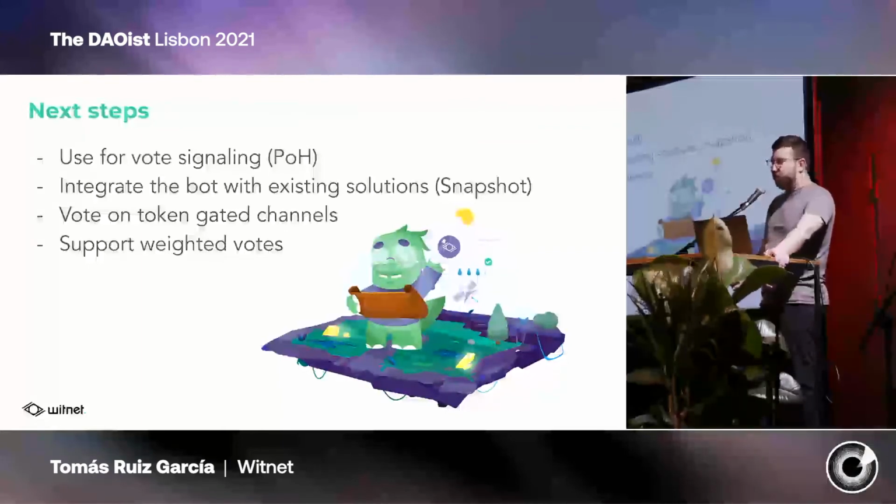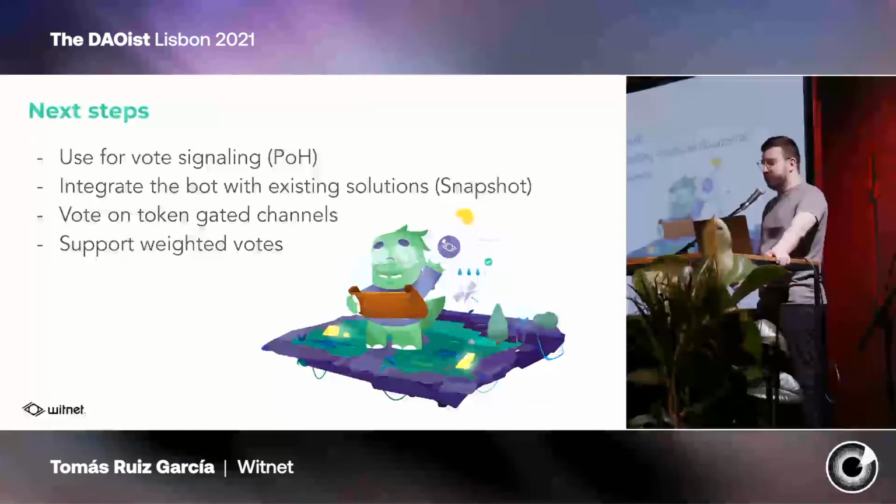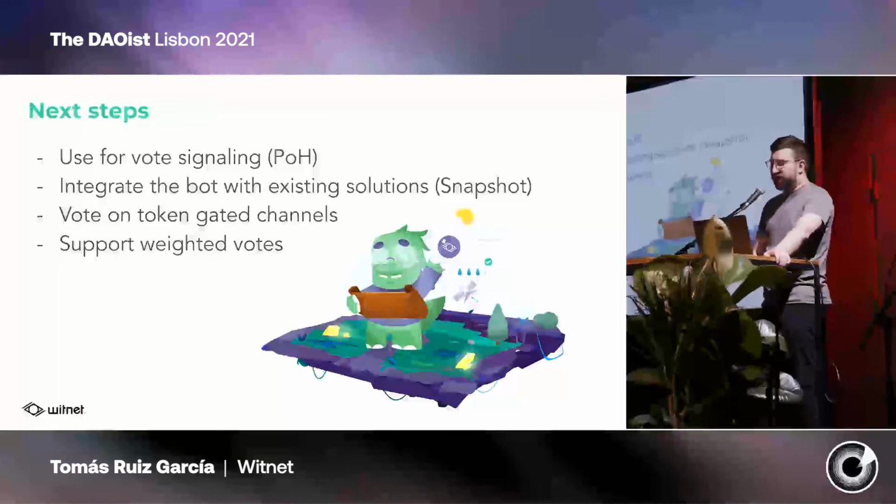We were also thinking about trying to integrate our solution with a Snapshot bot. They have a bot that relays every proposal to your Discord server, and it could be great if we could integrate that with our solution.